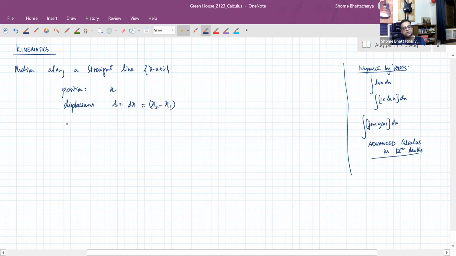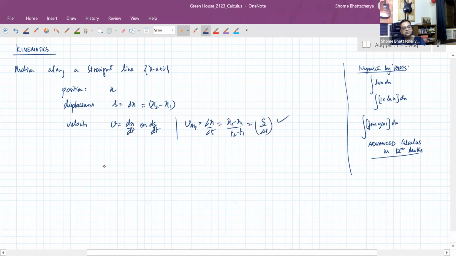Velocity, accordingly, is defined as instantaneous velocity, the rate of change of position or rate of change of displacement. They are one and the same thing. And average velocity is the average rate of change of position, which is basically x2 minus x1 upon t2 minus t1, where x2 minus x1 is nothing but the displacement. So it is the total displacement upon total time.